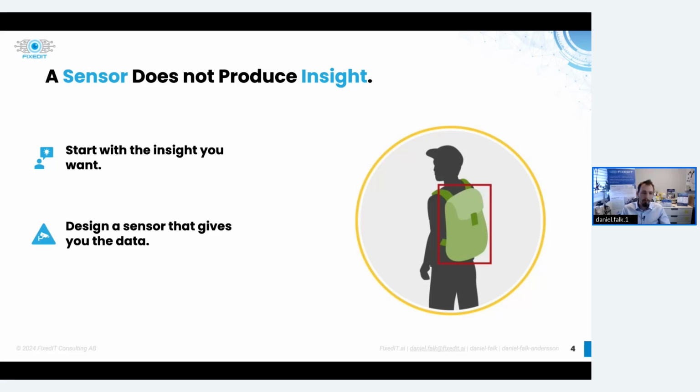So this essentially means that you should design a sensor that gives you the data you need for the insight that you want to get to, not the other way around, that you start with, we have these sensors, this is what it can produce, and then think about what dashboards can we create with this, because then you would probably end up with a cool looking dashboard, but that doesn't produce much value for people.